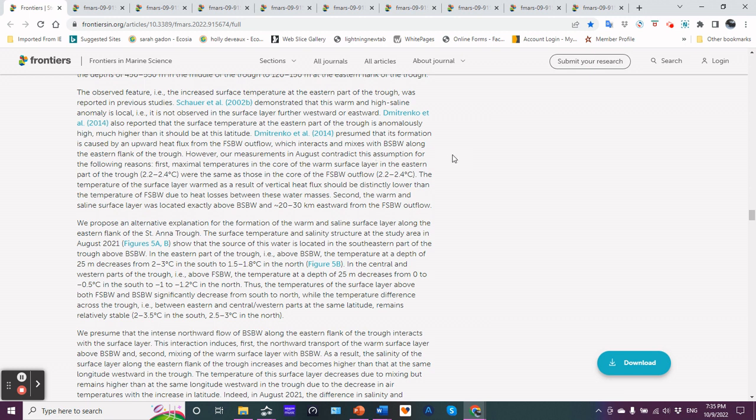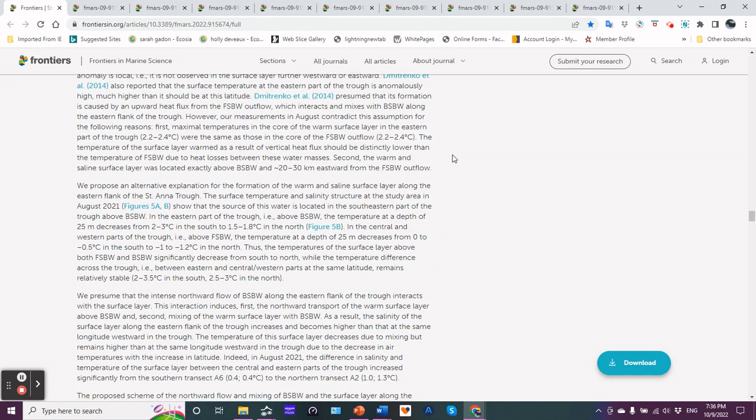However, our measurements contradict this assumption for the following reason. First, maximal temperatures in the core of the warm surface layer in the eastern part of the trough were the same as those in the core. The temperature of a surface layer warmed as a result of vertical heat flux should be distinctly lower than the temperature of FSBW due to heat losses between these water masses.